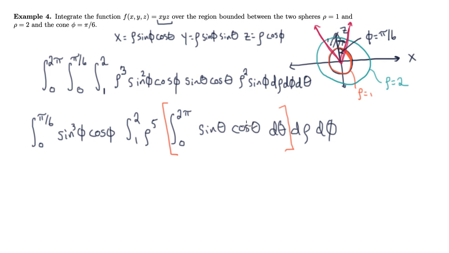Cosine theta is a periodic function. It has period 2 pi. I know that if I integrate sine over a period, I get 0. If I integrate cosine over a period, I get 0. Well, it's also true that if I integrate the product sine theta cosine theta over a period, I get 0.